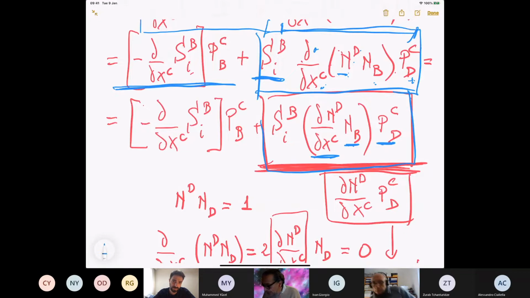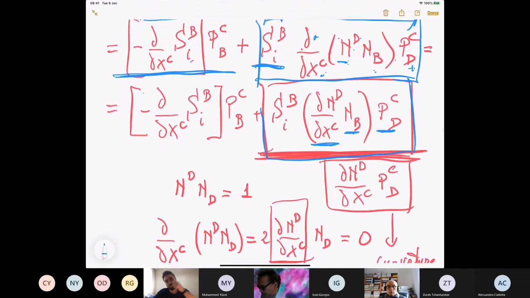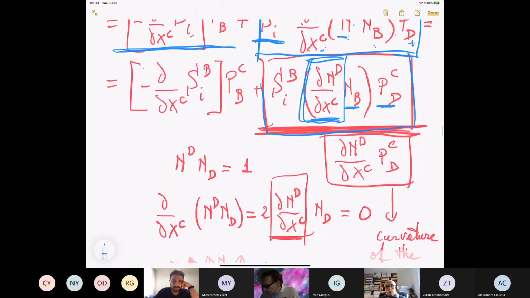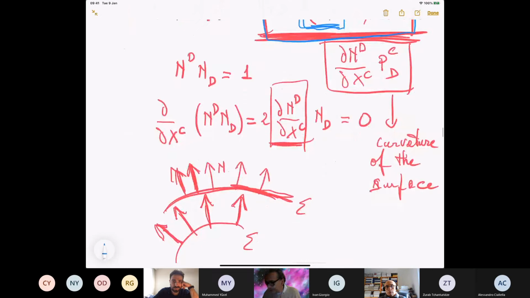Okay? What do you get? You get that the surface contact force depends on the gradient of the normal to the surface. What is this animal?